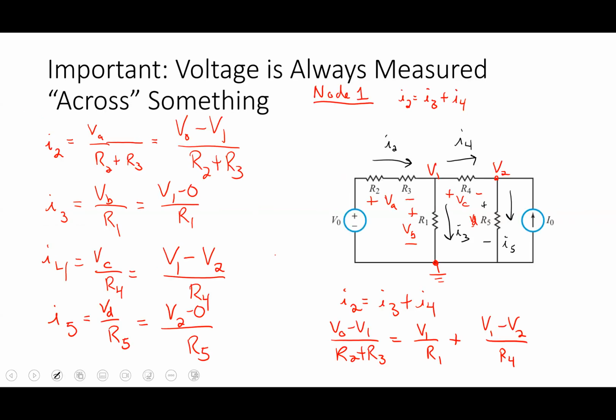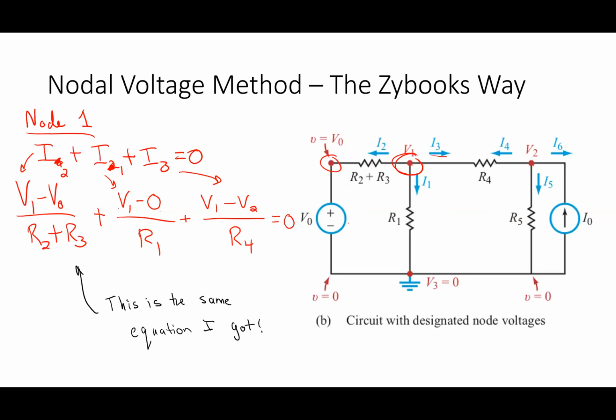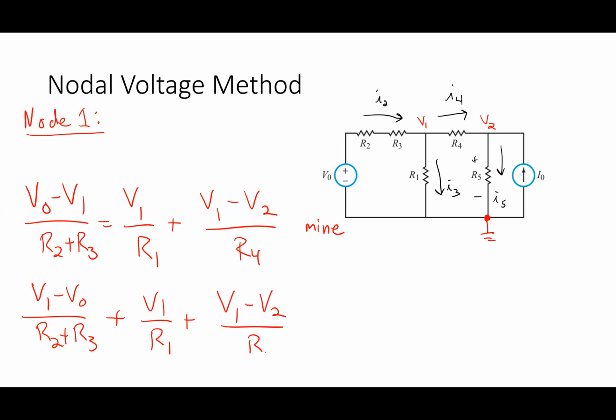That's the value that I got over here. All right, so this is mine. Zybooks was V1 minus V0 over R2 plus R3 plus V1 over R1 plus V1 minus V2 over R4. Okay, this is Zybooks.